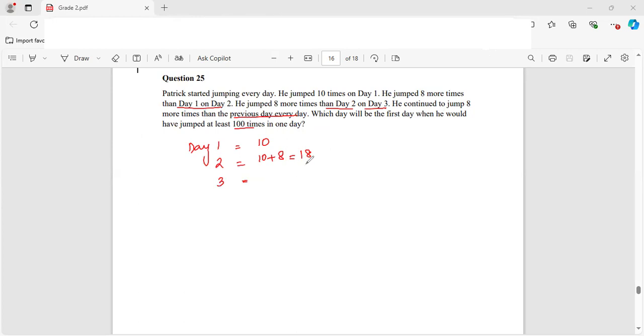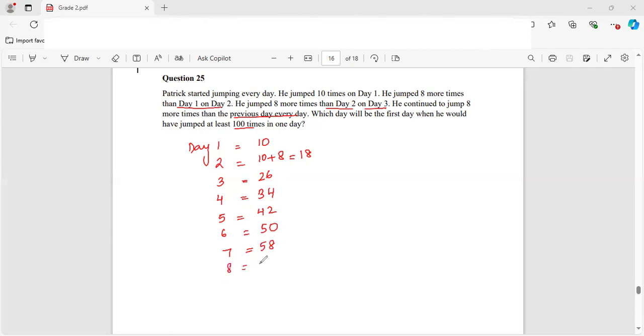So on day 3, it will be 18 plus 8, which will be 26. Then day 4 will be 34. Then day 5 will be 42. Day 6 will be 50. Day 7 will be 58.